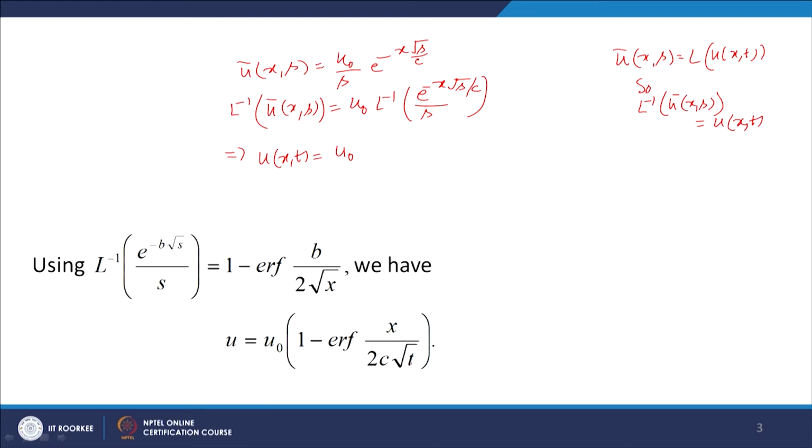Here we will put t, because here we had the function of x. So, we have this equal to 1 minus error function of, in place of b we put x over c, so we will have x over 2 c root t. Okay. Inverse Laplace transform when we take u x t using this formula will give us this. So, this is the solution to the heat equation by using the Laplace transform.